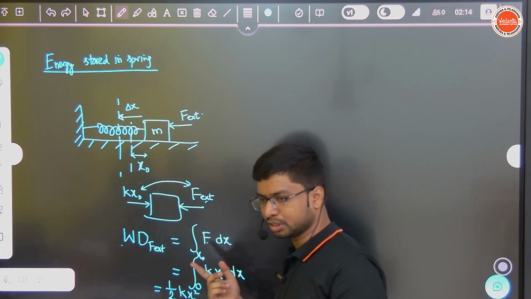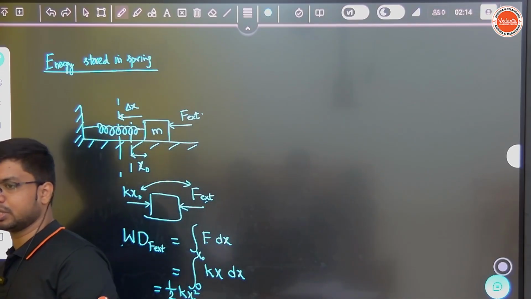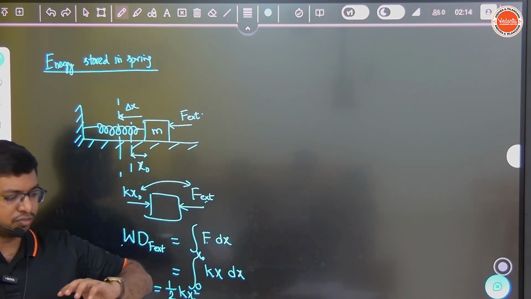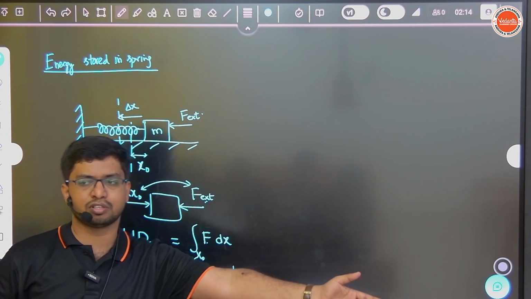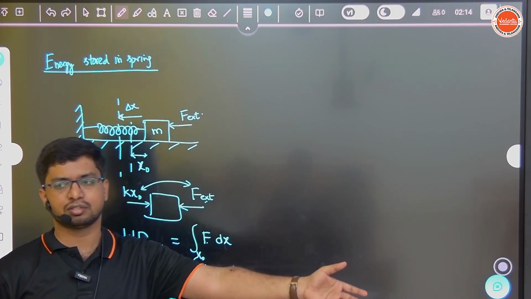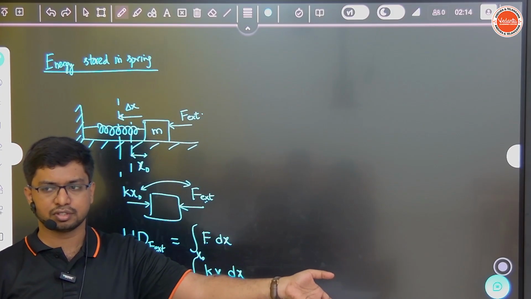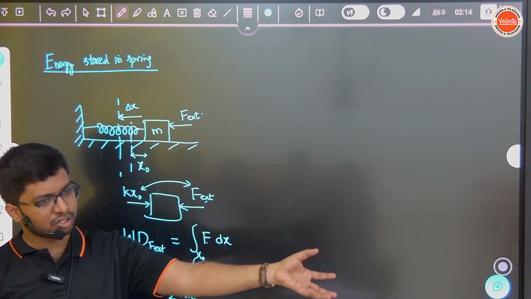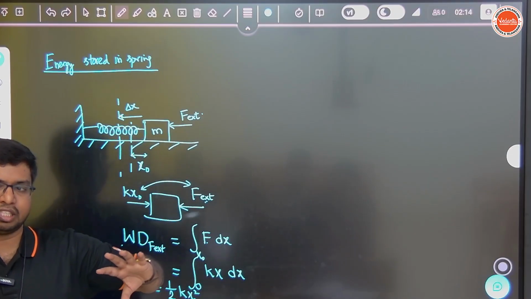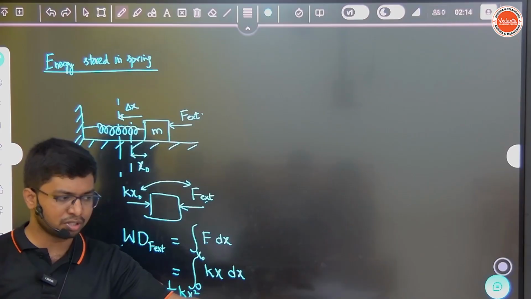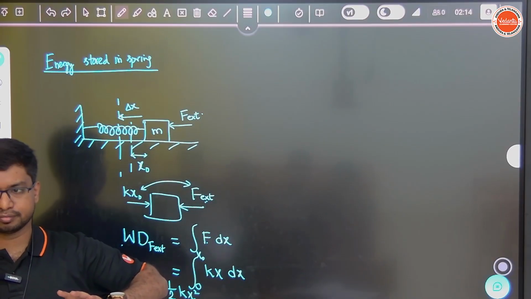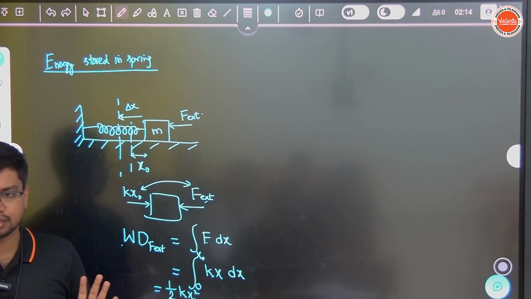That force has actually supplied that much energy to that body. If work done is negative, then that much energy, whatever is the work done by that particular force, is actually taken out from that body. Clear with this? Right.